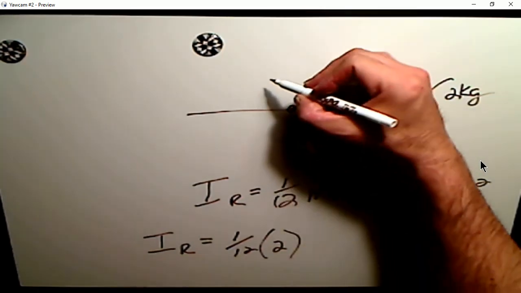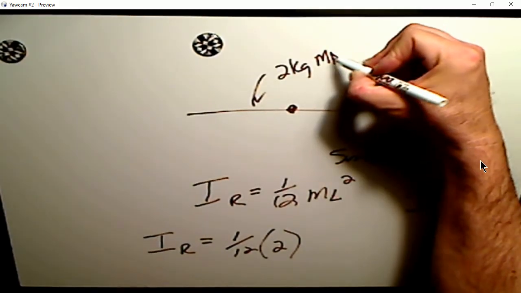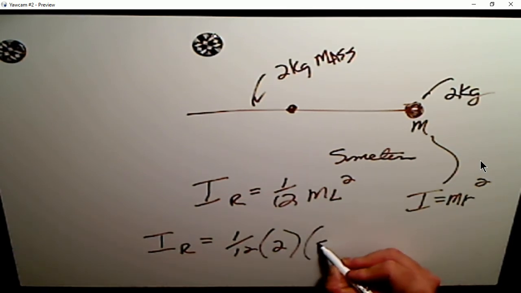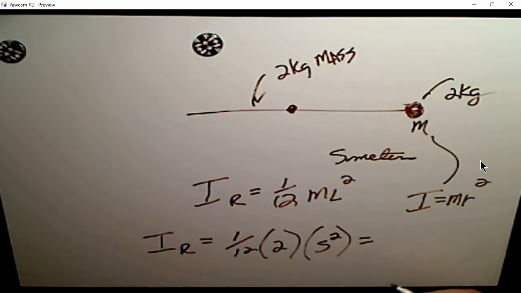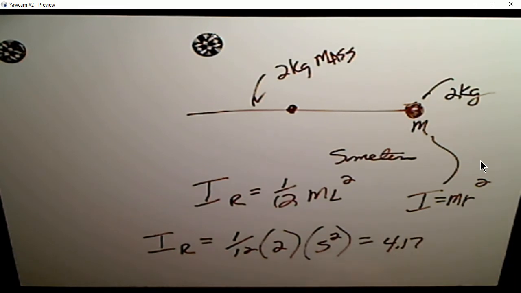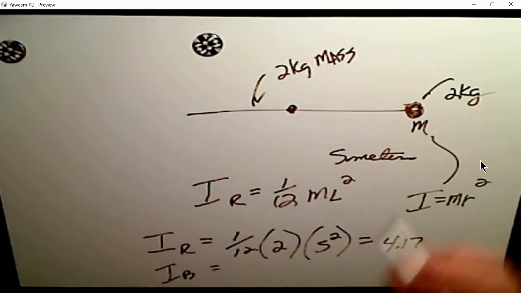Let's say the rod is a 2 kilogram mass, times its length, 5 meters squared, that's going to give you something like 4.17 kilogram meters squared.